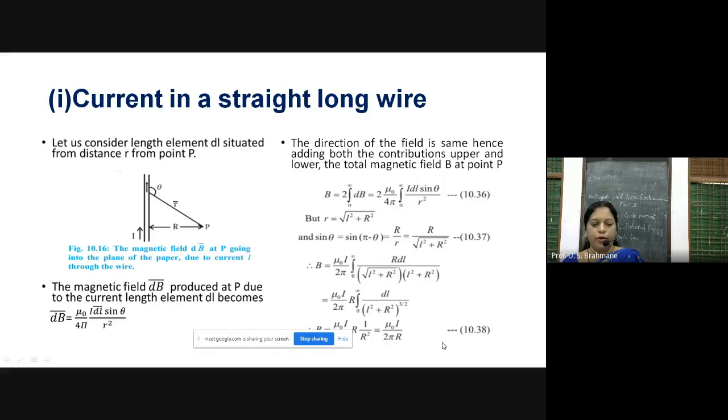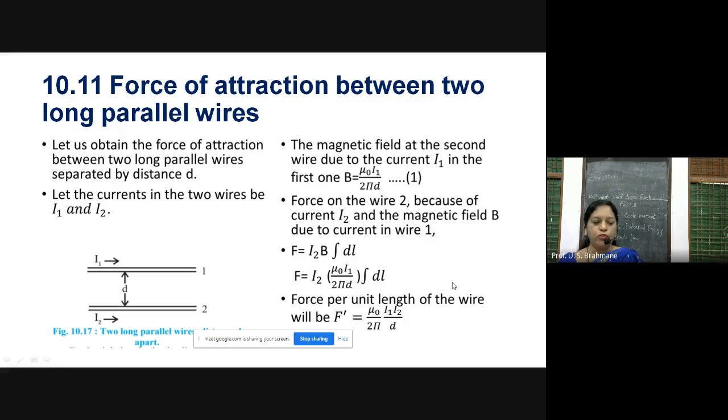The next point which we are going to take is the force of attraction between two long parallel wires. Initially I told you about this. So here two long wires are there, wire 1 and wire 2.